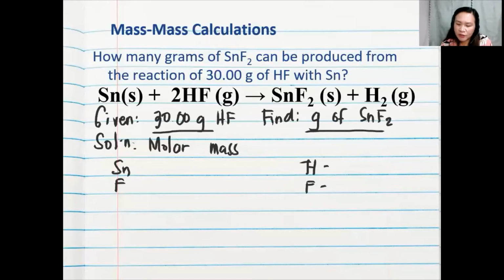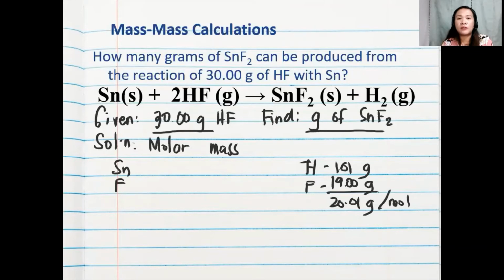So for HF, we have the hydrogen, that's 1.01 grams, and then we just multiply it by its number of atoms, that's just 1. And then for fluorine, we have 19.00 grams. Okay, so here we have 20.01 grams per mole.